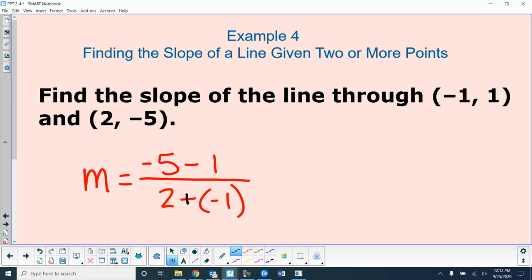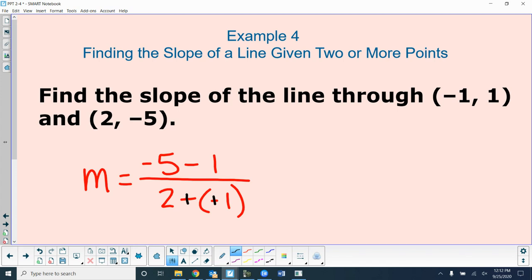Now, it really doesn't matter which y you start with, but be consistent. You know, she started with 1. That's okay. If she said 1 minus -5 for the y's, then she has to say -1 minus 2 for the x's. Just be consistent. That way you'll get the right sign, positive or negative, okay?